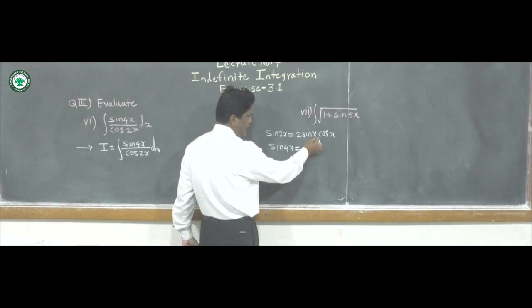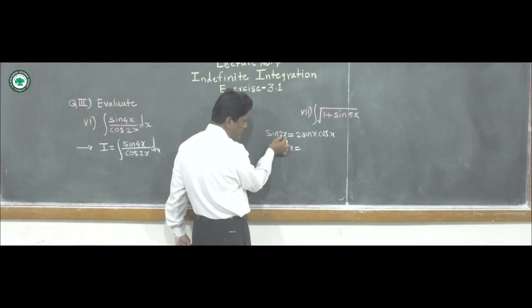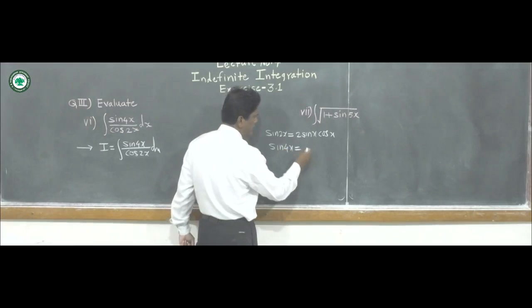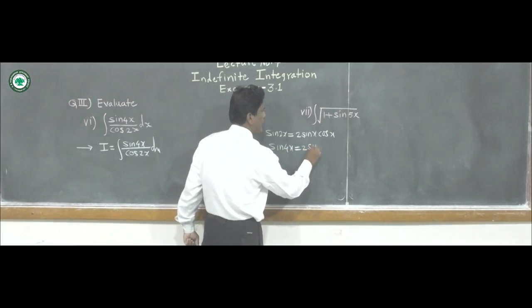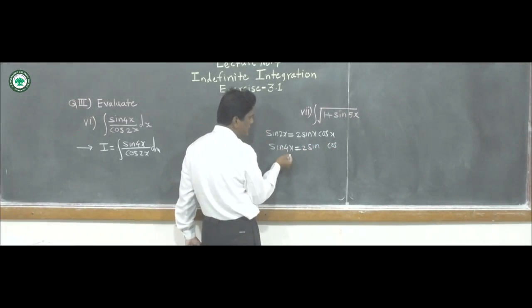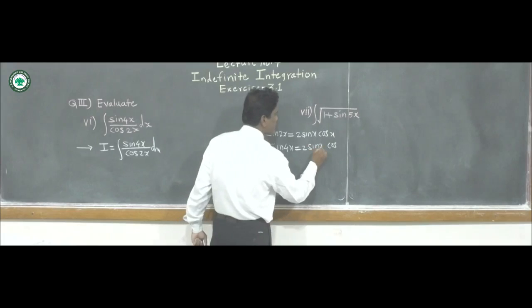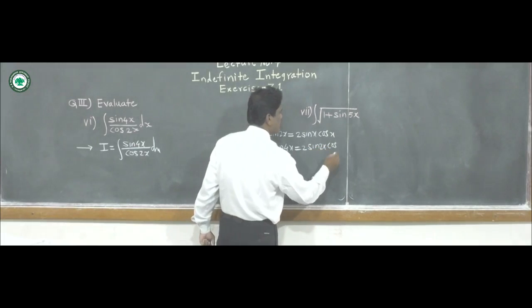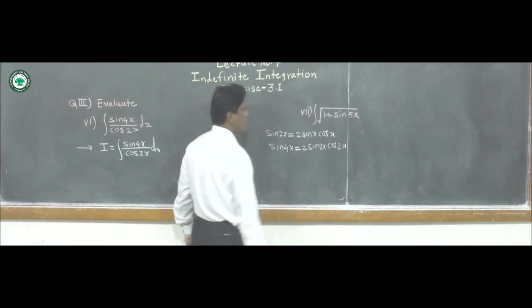On the right hand side the angle is half of it, so 2 sin and cos as it is, and the angle is 4x upon 2, that is 2x. So sin 4x is 2 times sin of 2x cos of 2x.